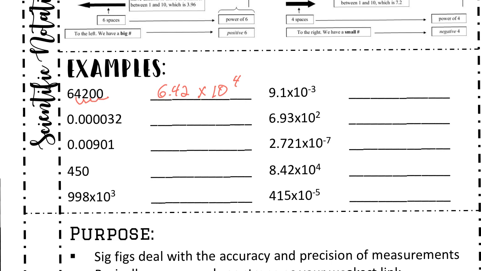The next example, we've got a number that's less than 1, so I'm going to be moving my decimal point in this direction, 1, 2, 3, 4, 5, and this becomes 3.2 times 10 to the negative 5, because I moved it to the right.